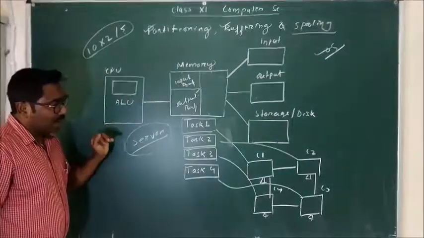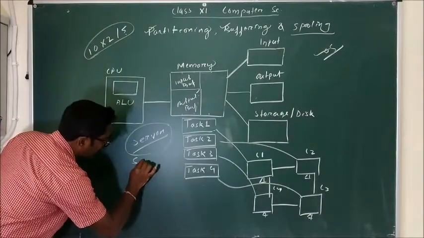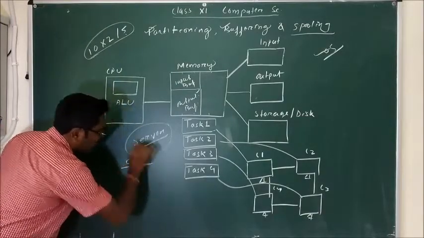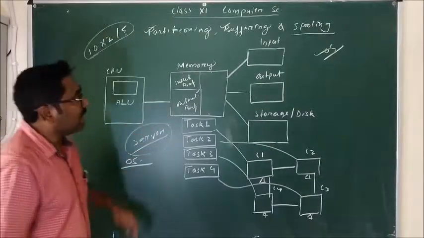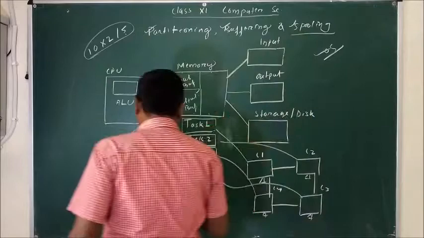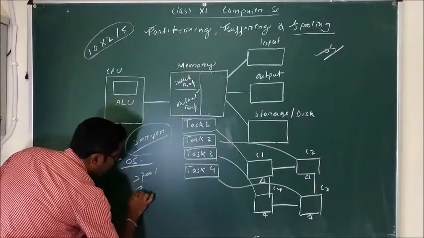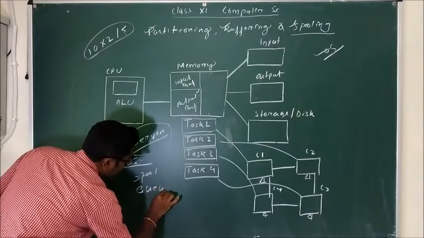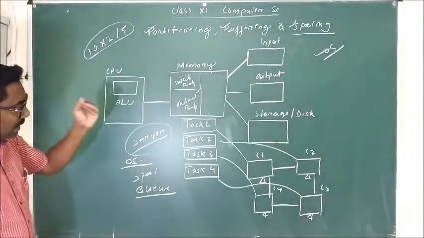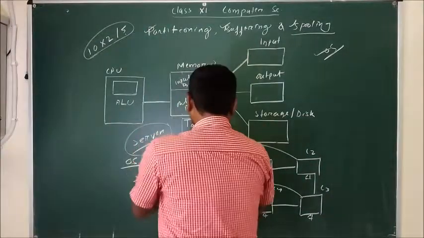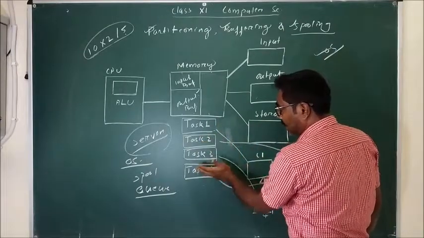Clear? Now what happened? The operating system of this server will create a spool. It creates a spool, which is nothing but a queue, so that the commands are assigned on a priority basis like task 1, task 2, task 3, task 4.